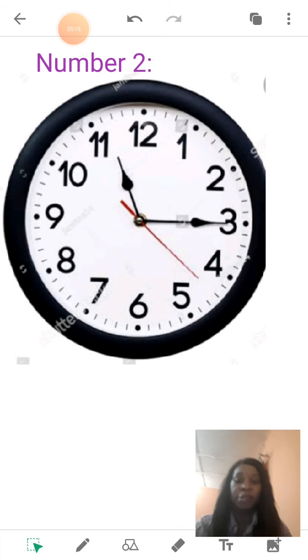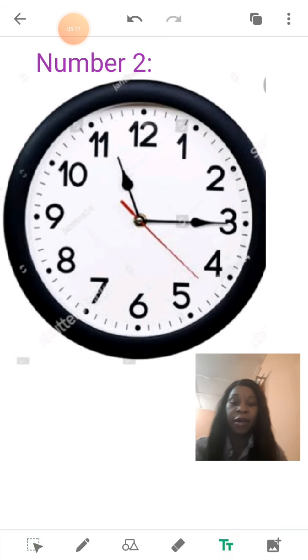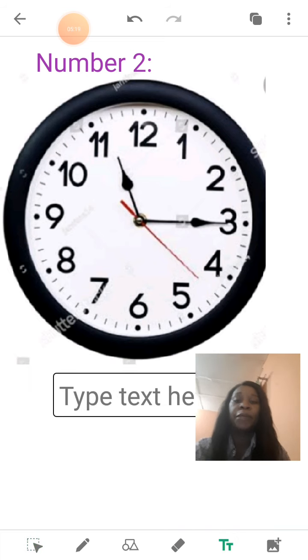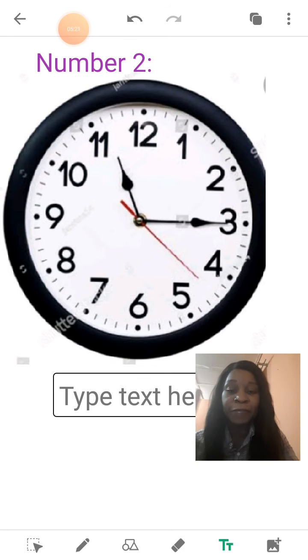Now let's do this together. Okay. The first thing to identify on the digital clock is the hour hand. The hour hand is the shortest hand. The hour hand here is in between 11 and 12. For the digital time, whichever number the hour hand has just recently passed is the number you will pick.